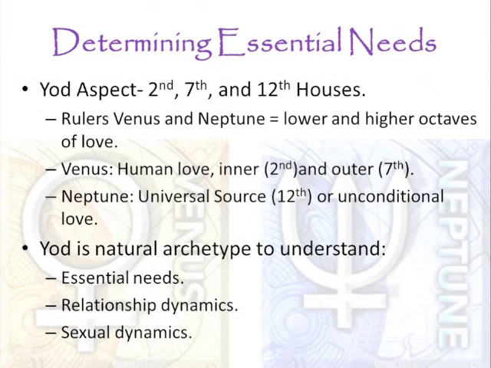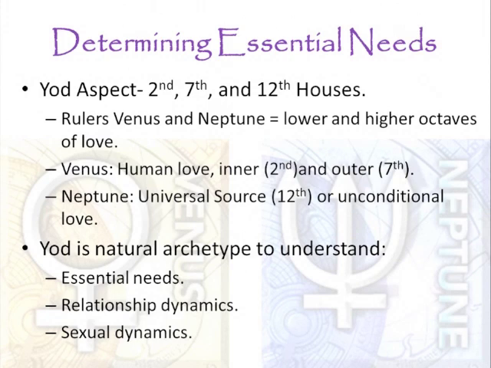When we look at that yod aspect, we are also looking at the rulers Venus and Neptune, which equal the lower and higher octaves of love in astrology.